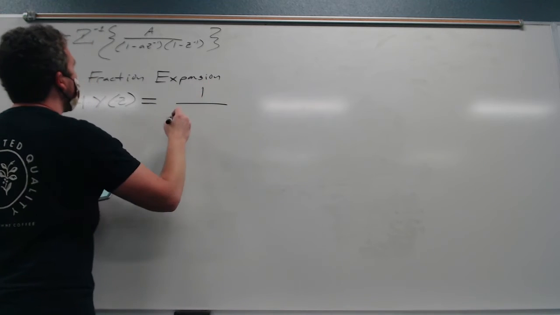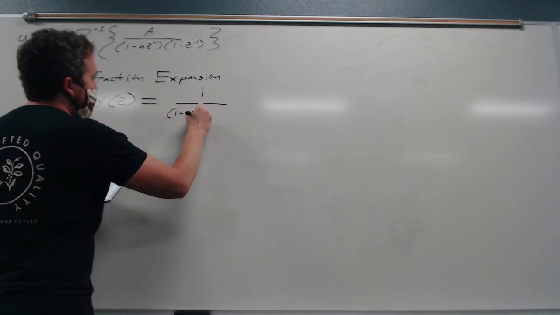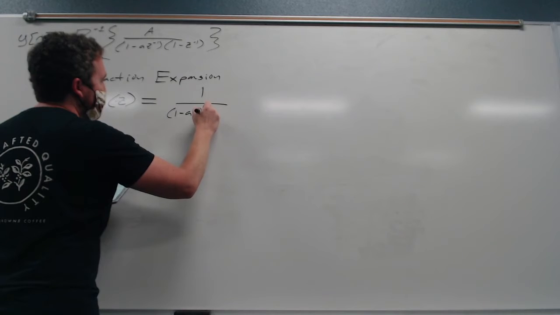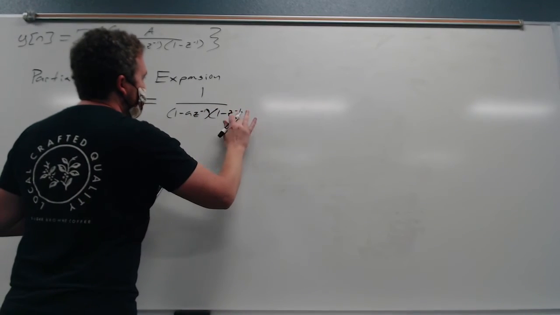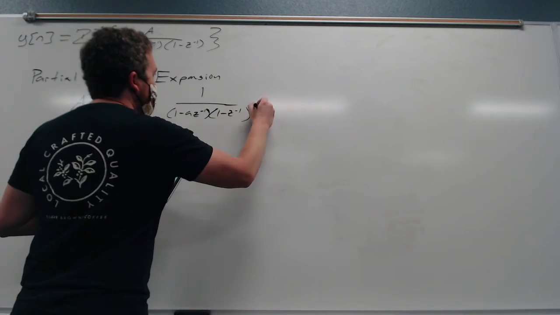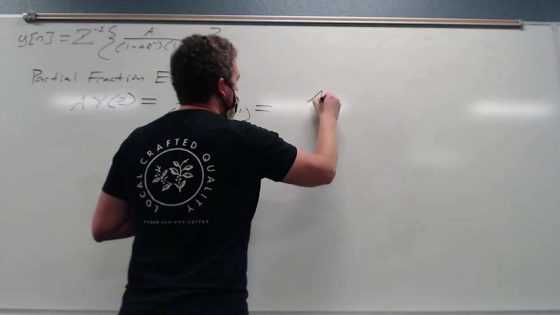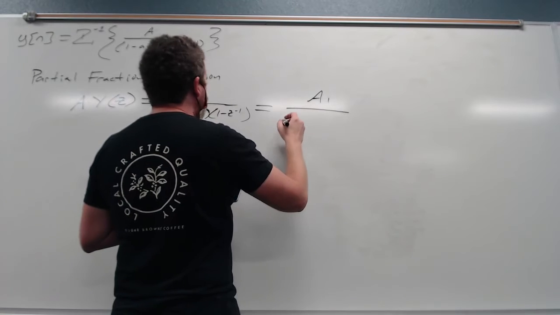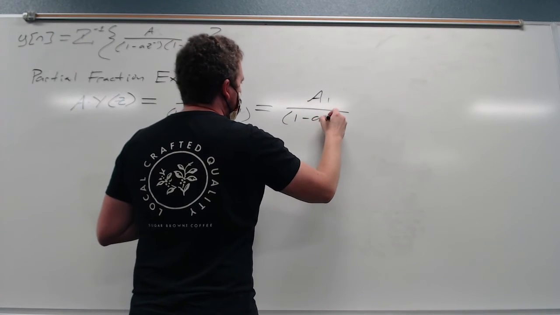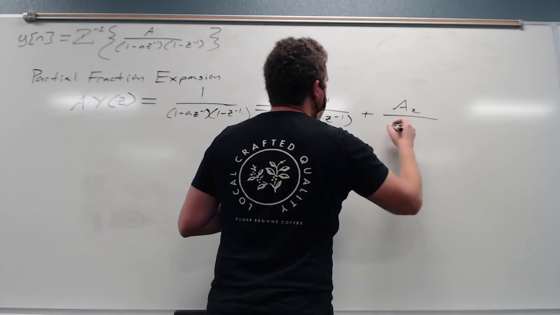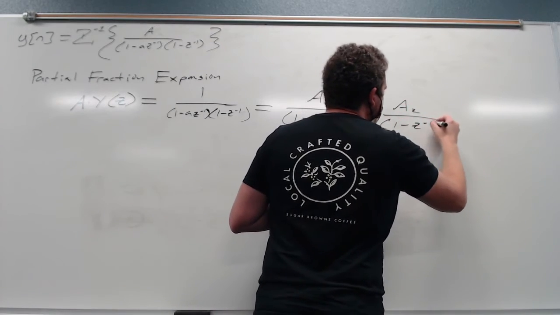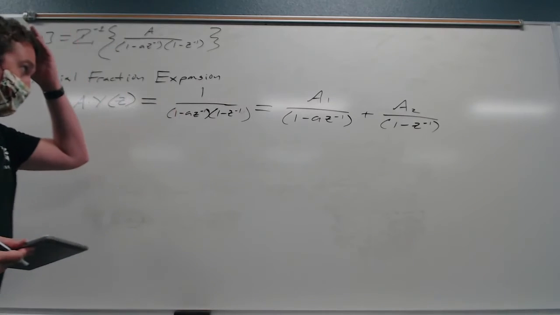That's going to be 1 over 1 minus little a times z to the negative 1 times 1 minus z to the negative 1. And we're going to break that out. We're going to find our two constants: a1 over 1 minus a z to the negative 1 plus a2 over 1 minus z to the negative 1.